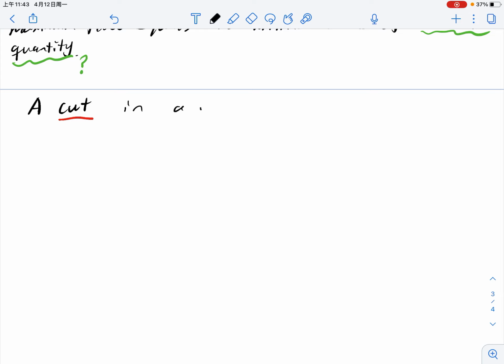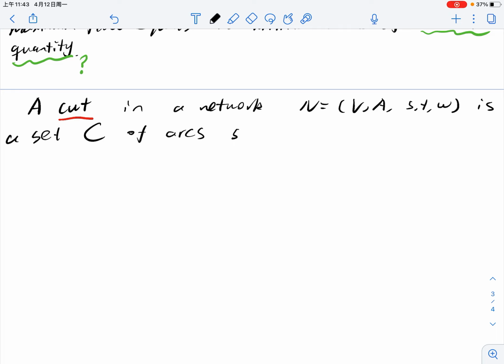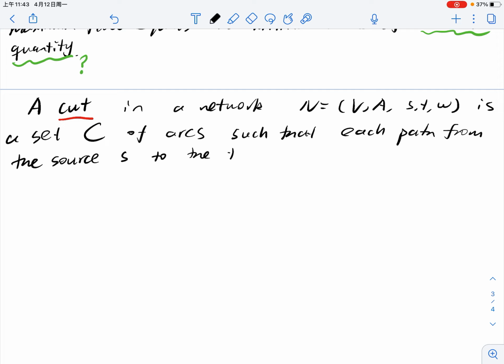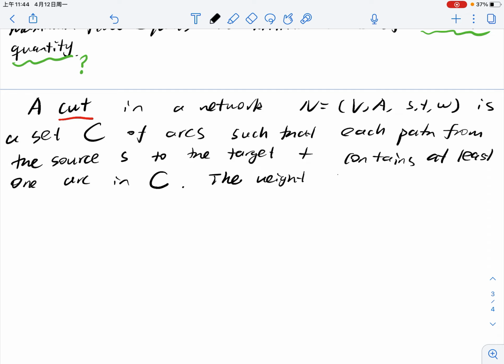A cut in a network N equals (V, A, S, T, omega) is a set C of arcs such that each path from the source S to the target T contains at least one arc in C. Recall that the weight of a subset of edges is the summation of the weight of each edge in that subset.